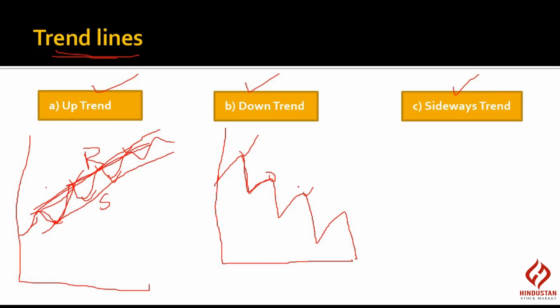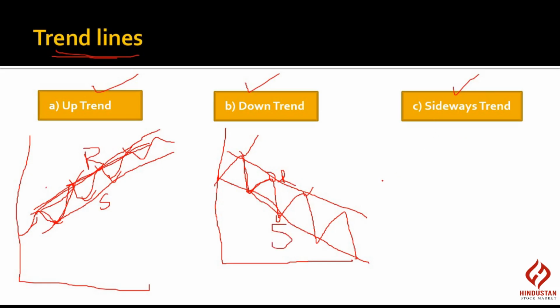This new high is lower than the previous high. So it is in a downtrend. Market is in a downtrend. It is making continuous lower highs and lower lows. See, made a low and again it made a new low. This low was lower than the previous low. So that is why it shows the downtrend of the market. So this works as a resistance, this particular line, and this works as a support.